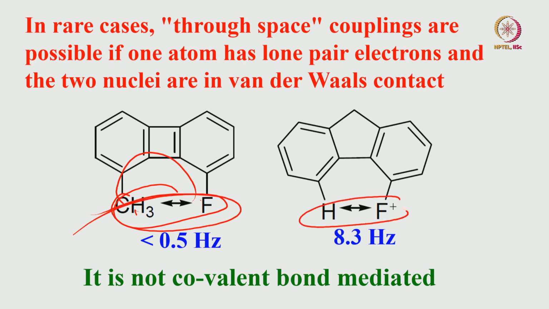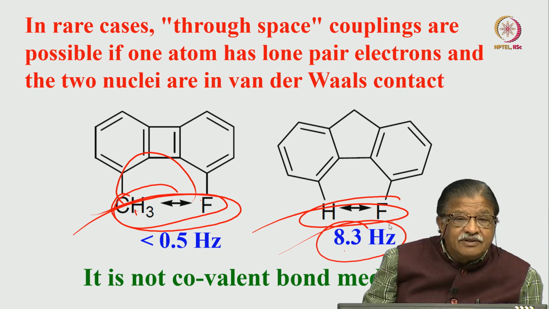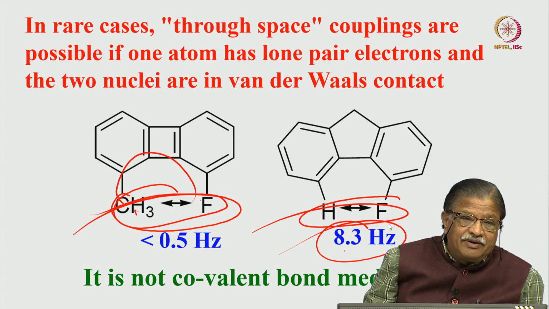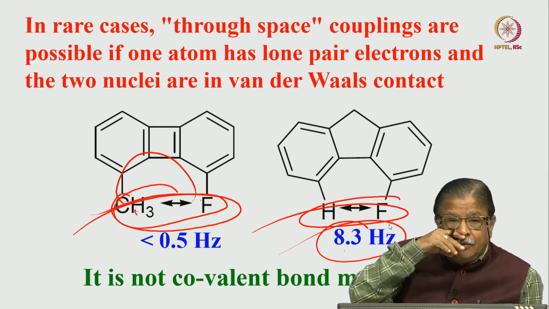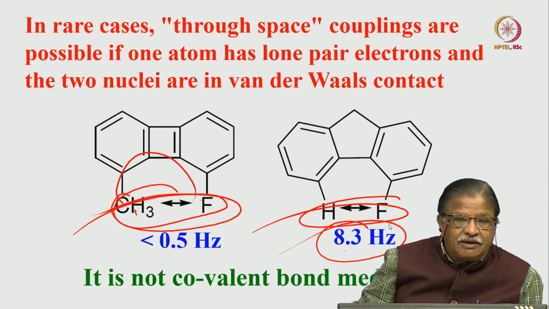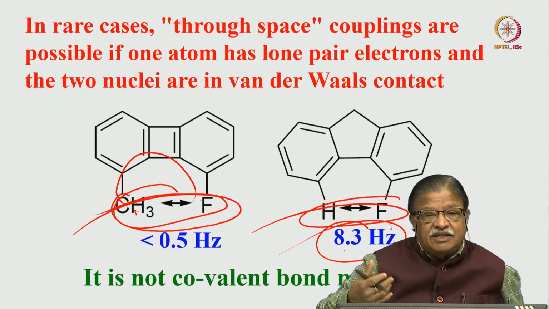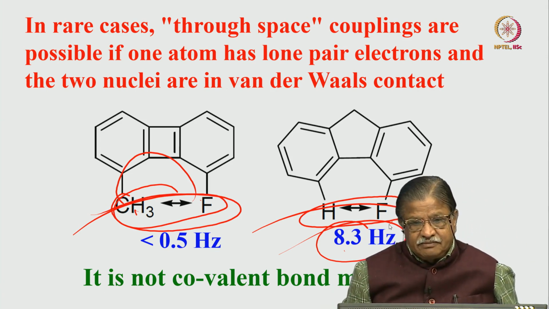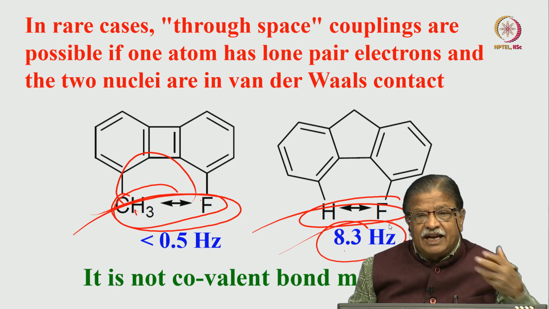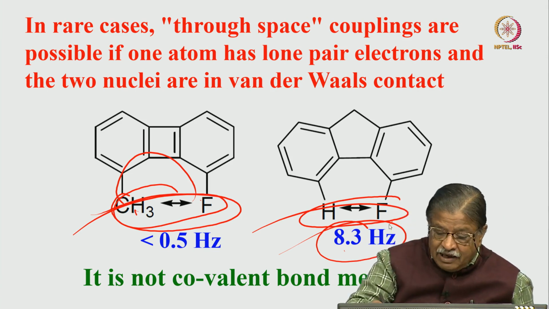Similarly, here there is through space coupling of substantially large value. In these cases the coupling is not covalent bond mediated; it so happens the lone pair electrons of these two nuclei are within van der Waals contact. There is a direct transfer of polarization between these two spins. As a consequence we can see the interaction, but not through covalent bond.